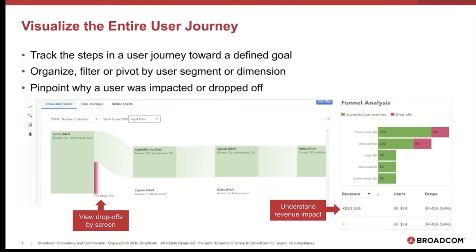The funnel gives you metrics on individual granular information such as the username, what the user was trying to do in terms of actions, where the user dropped off, and why they dropped off. So basically, the ability to organize, filter, and pivot by user segment or dimension on how the user interacts with your application is the fundamental basics of using funnel analysis for your understanding.